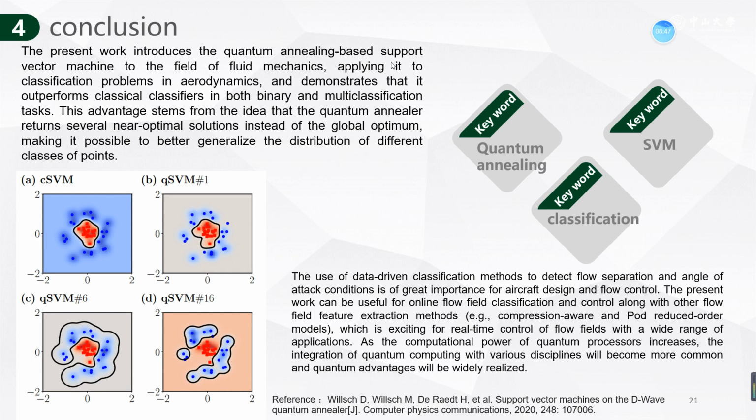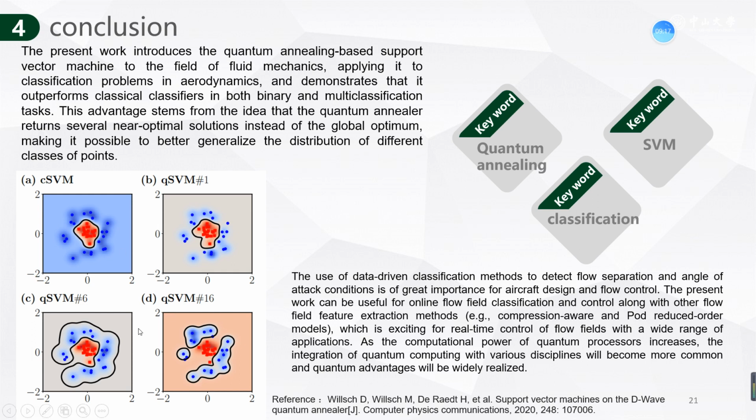And as for the advantage, it stems from the idea that the quantum annealing-based support vector machines return several near-optimal solutions instead of the global optimum, and make it possible to better generalize the distribution of different kinds of points.